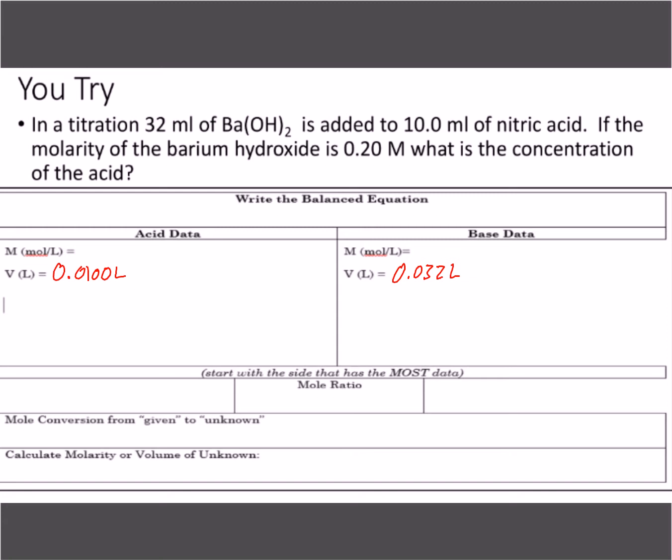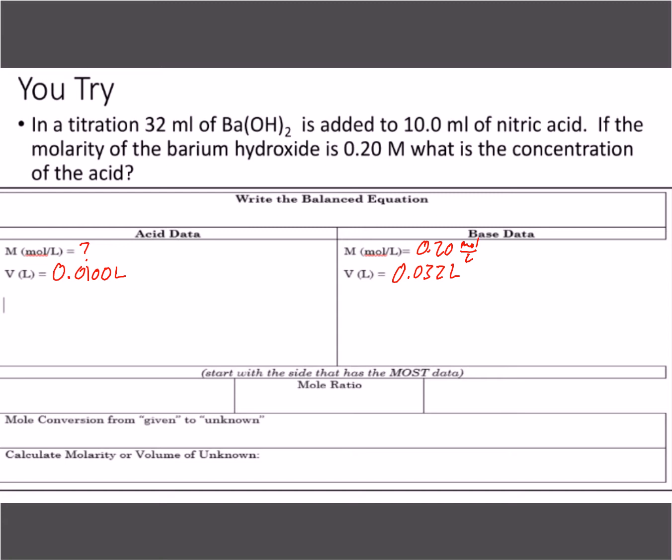The molarity of the barium hydroxide is, so guys, which is our stock solution here? What's our standard solution? Barium hydroxide, because we have both pieces, 0.20 moles per liter. We are looking for the molarity or the concentration of our acid.